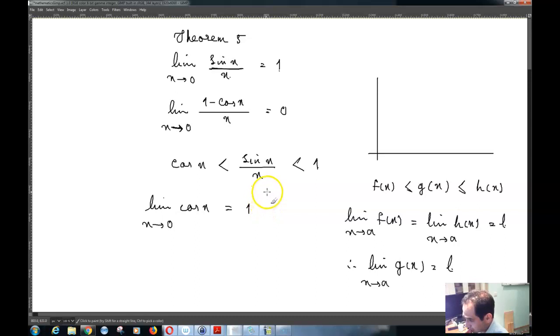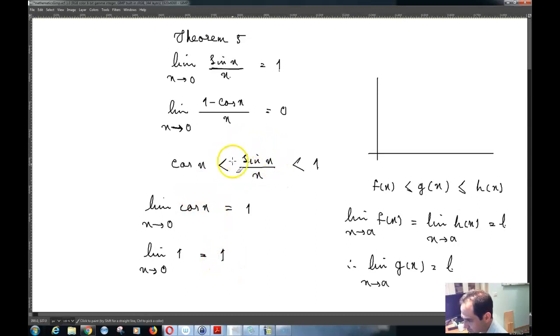So of course, you know that the limit of this constant function 1 when x tends to 0 is equal to 1. Whatever value x tends to, the limit is going to be equal to 1.